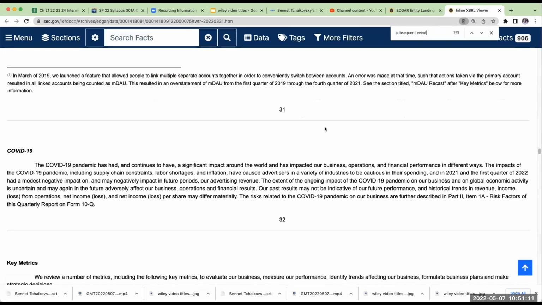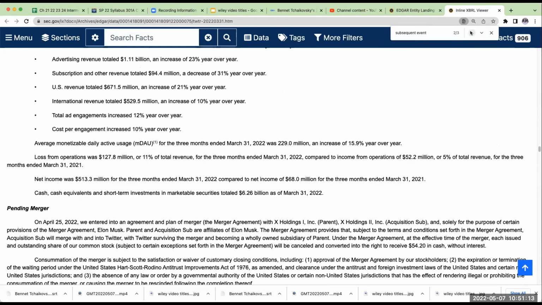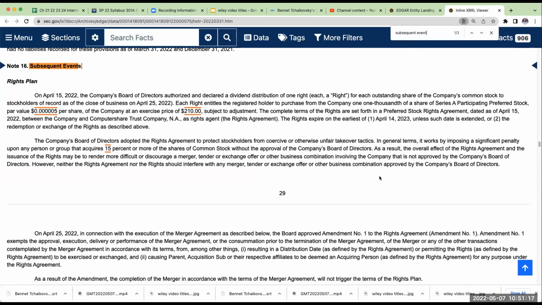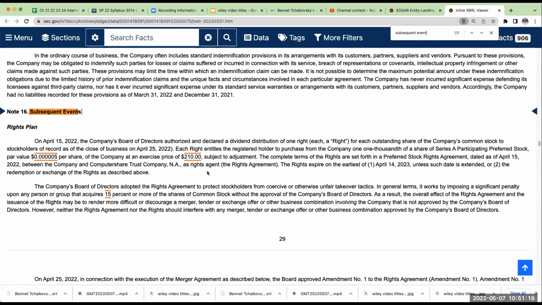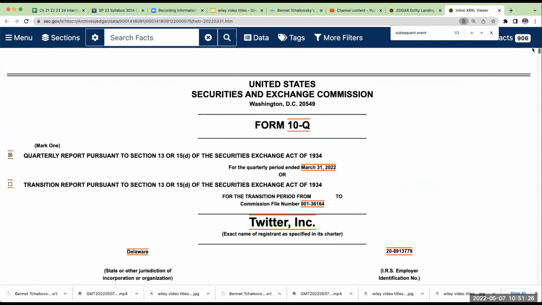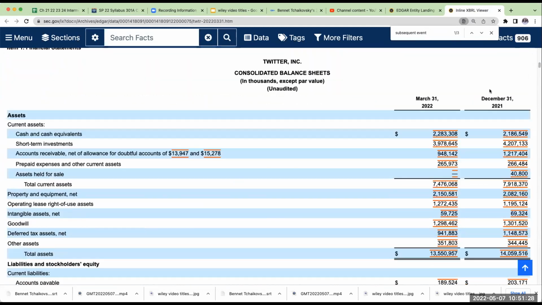So over here, note 16 to the financial statements. If we think about it, this quarterly report covered Twitter through this 10-Q. It's covering through March 31st.